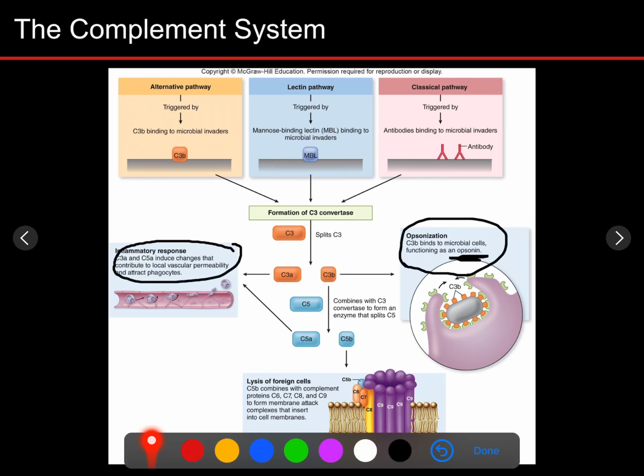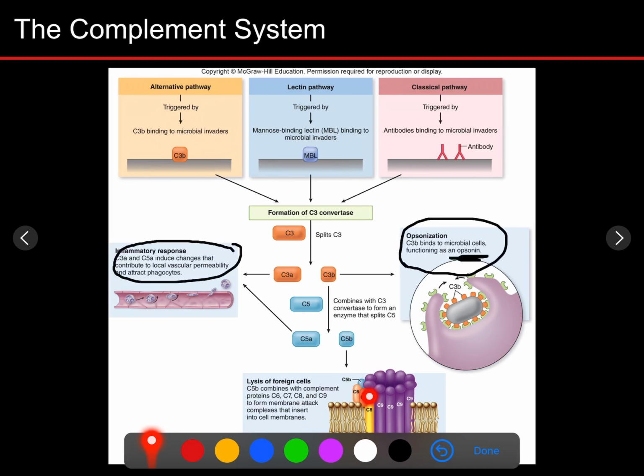All of these proteins complex together in the membrane, forming something called the MAC, or membrane attack complex. I like to think of it as the Mac attack, because it rhymes. So the C5b will initiate the Mac attack.